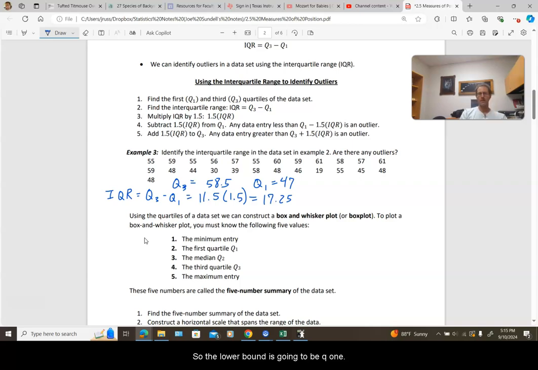So the lower bound is going to be Q1 minus 17.25. Well, Q1 is 47, so let's see what this is.